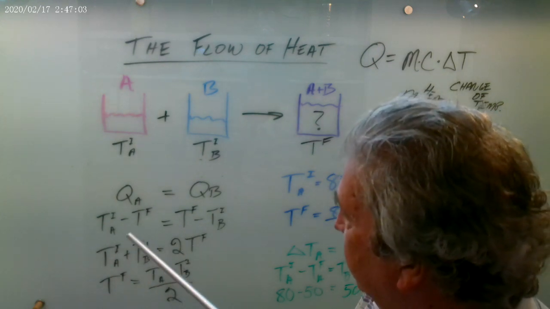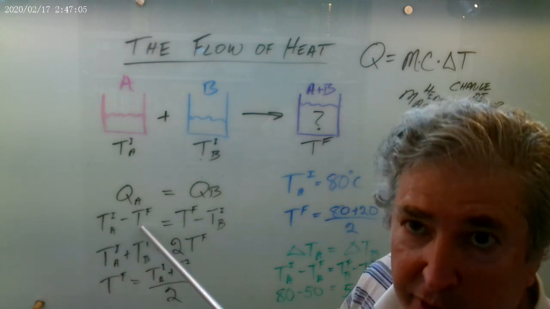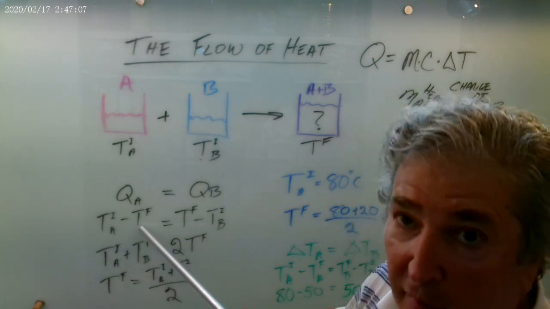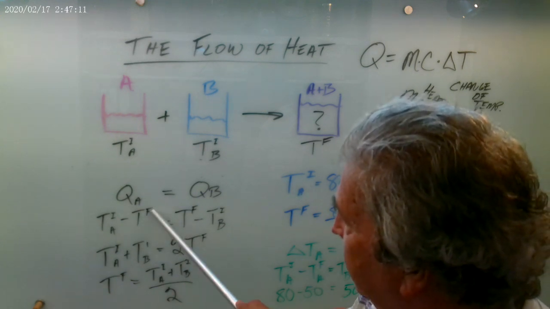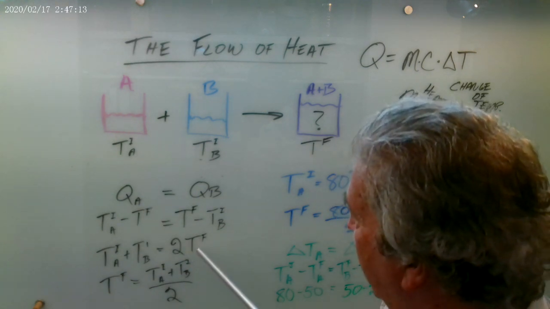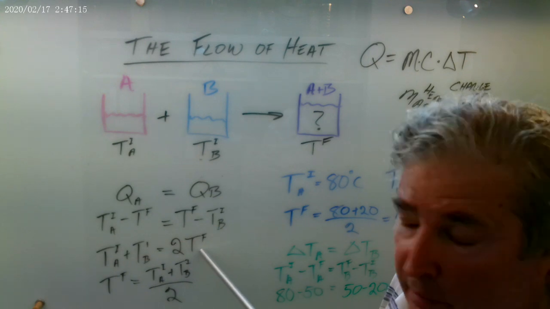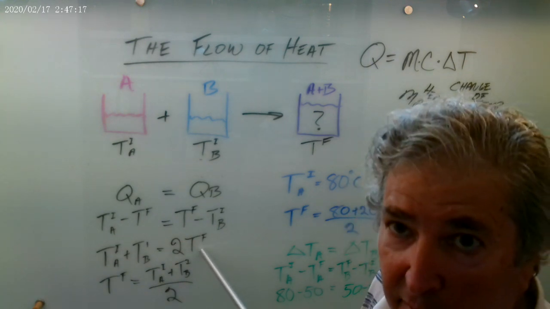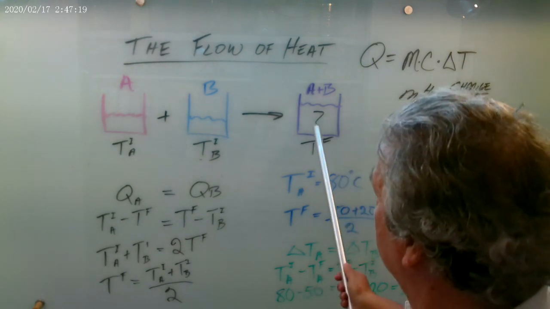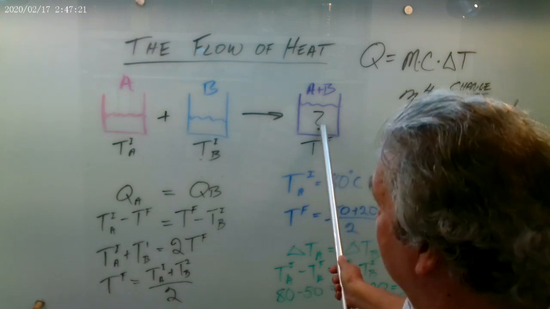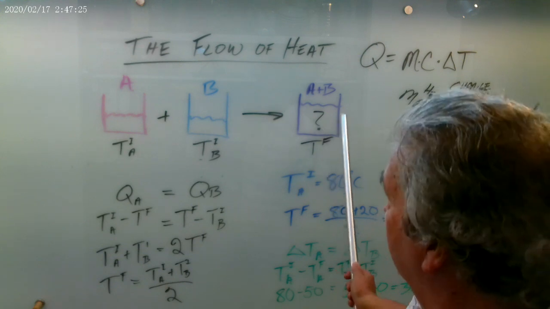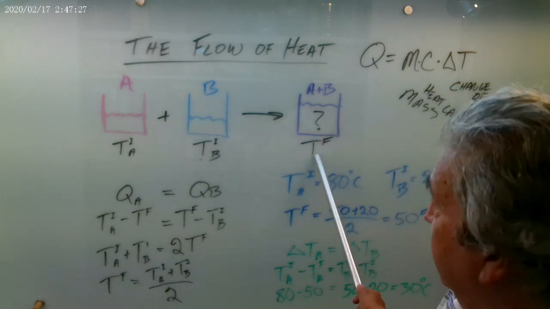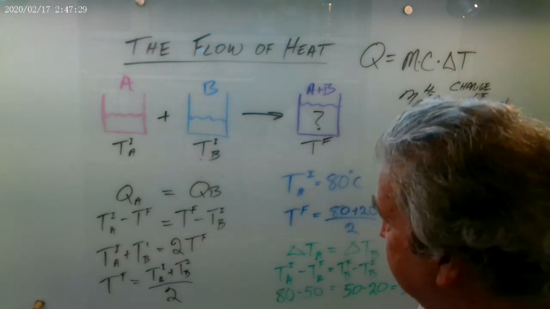Similarly, if we take the final temperature of the mix and add it to both sides, this cancels out, and we get two of them over here, because the final temperature in both equations is going to be the same. We've only got one bucket, it's only going to be one temperature, so we only get one final temperature.